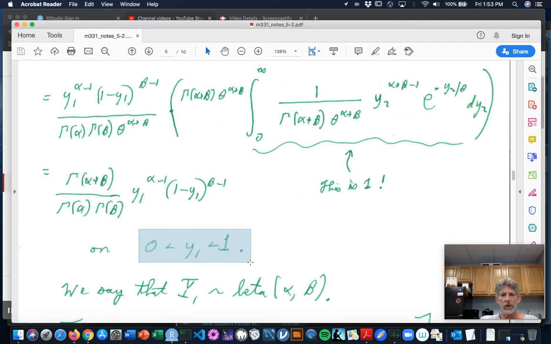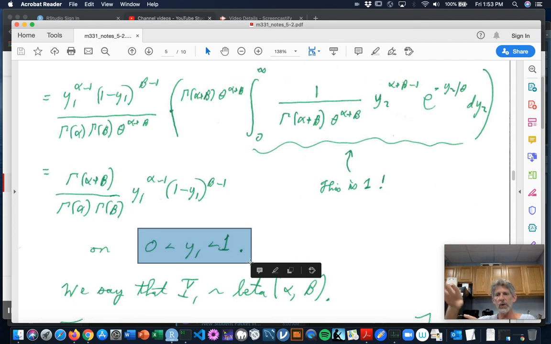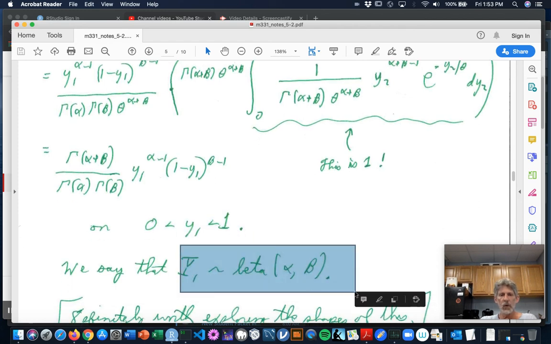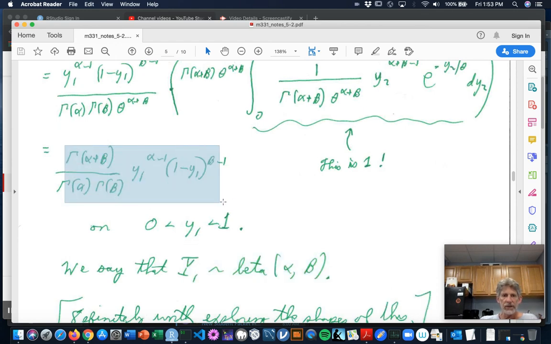Now that works for all the y's. And remember, the y's being x1 over x1 plus x2, they couldn't be more than 1. The support is just y goes between 0 and 1. Such a random variable is called a beta random variable. A random variable with this PDF is a beta random variable.